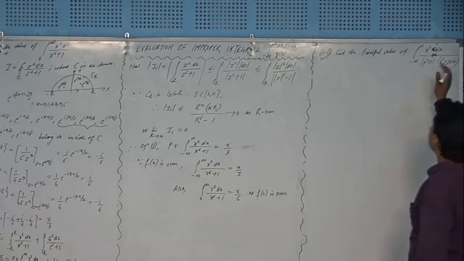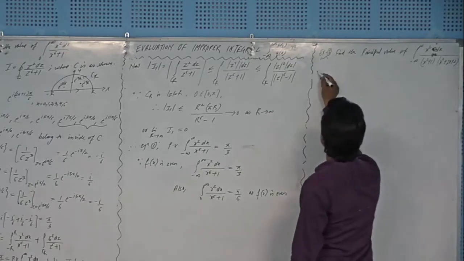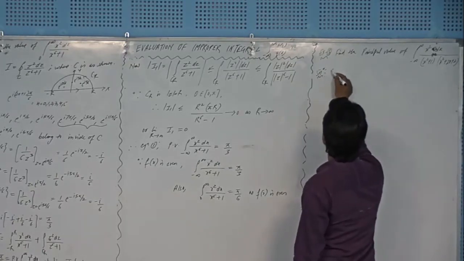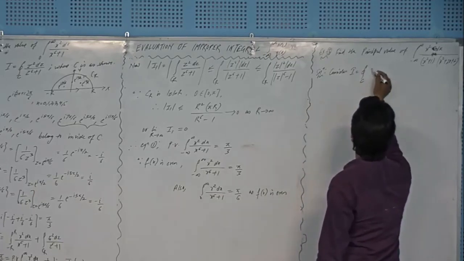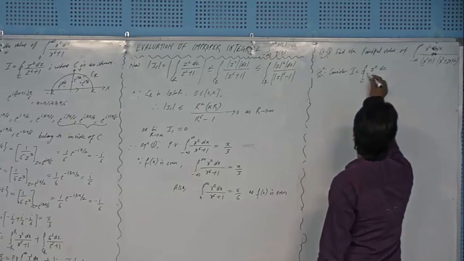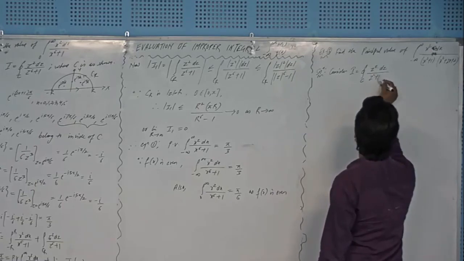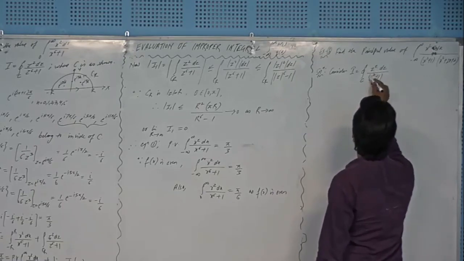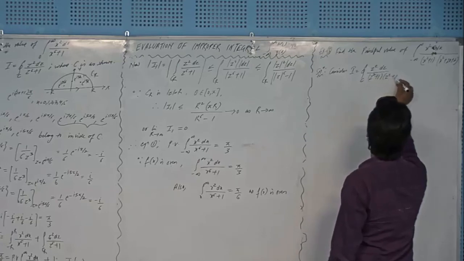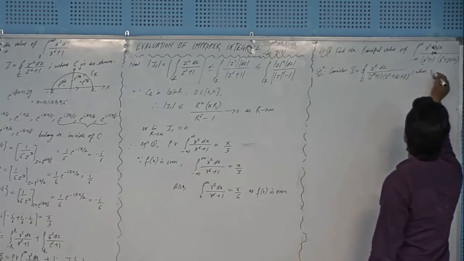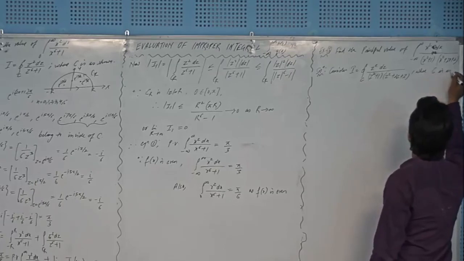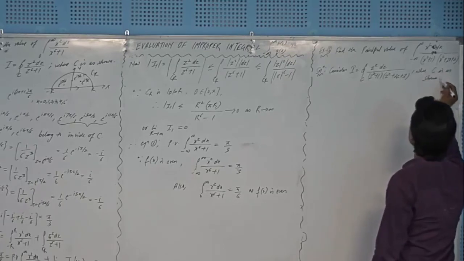Okay, so solution. Again I will start with the same integral. Consider I equal to the integral over C of z square dz over (z square plus 1)(z square plus 2z plus 2), where C is as shown in the figure, right?